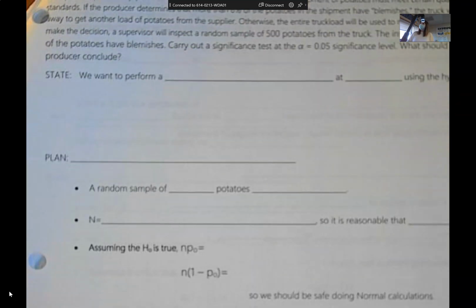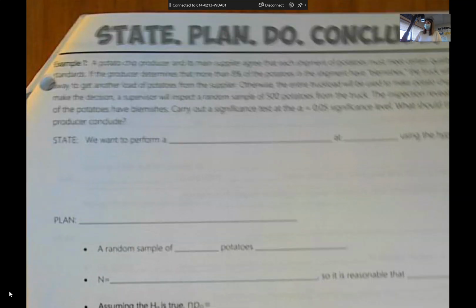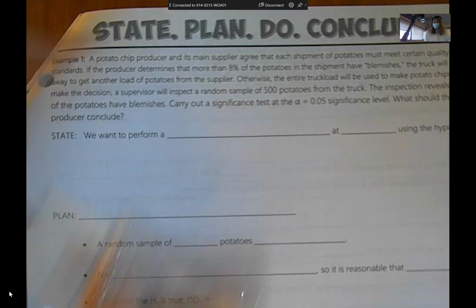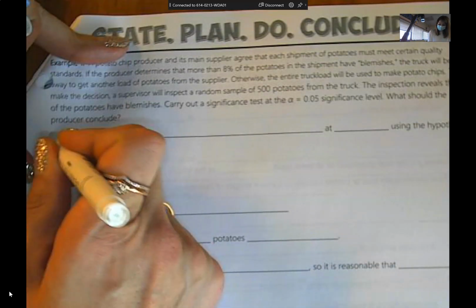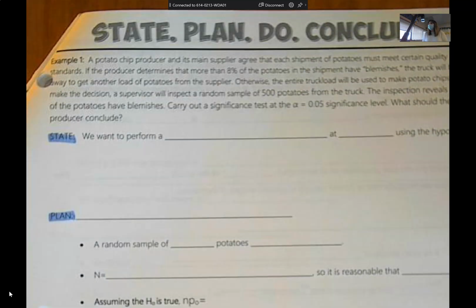And this process is called the state plan do conclude process. On each of these pages moving forward, each of them have listed state plan do conclude for you, just to remind you that that is the method that we're following. So all the next 3 pages will have this state plan do conclude.